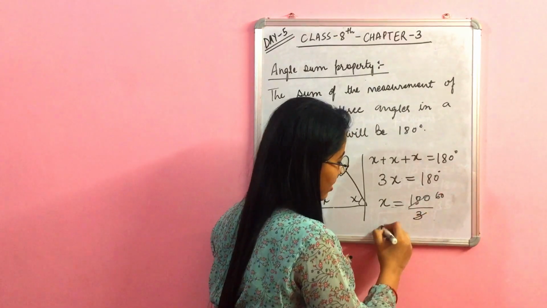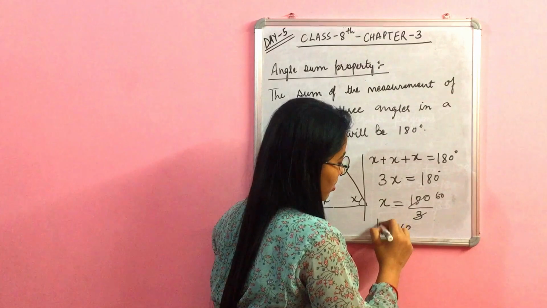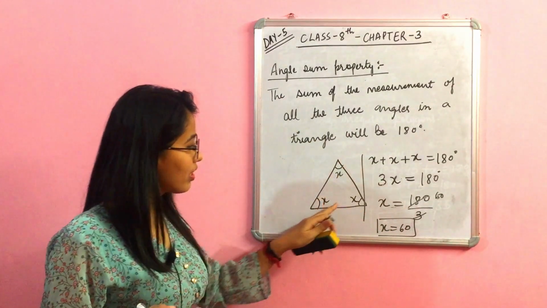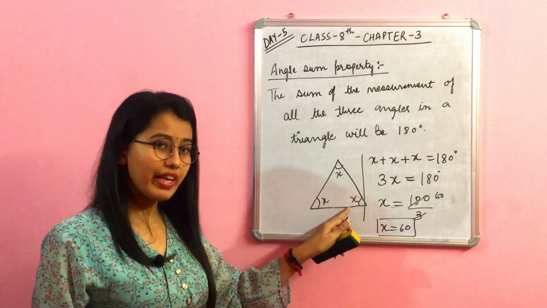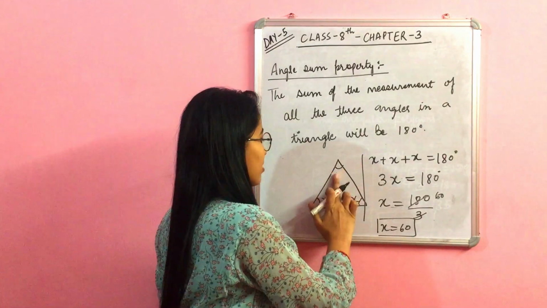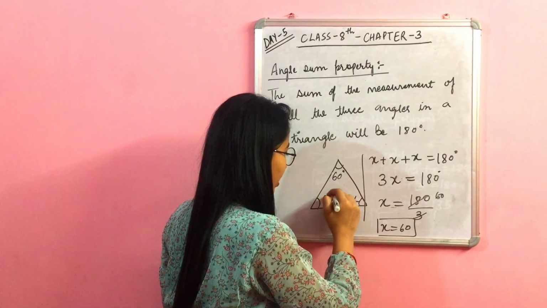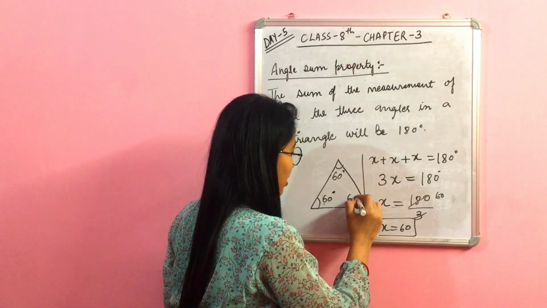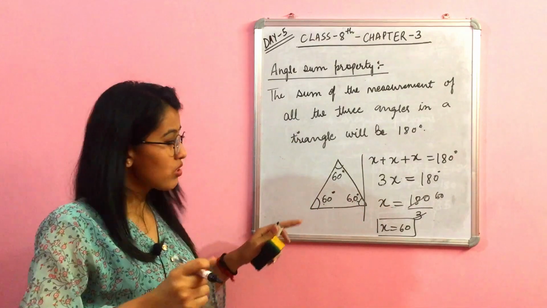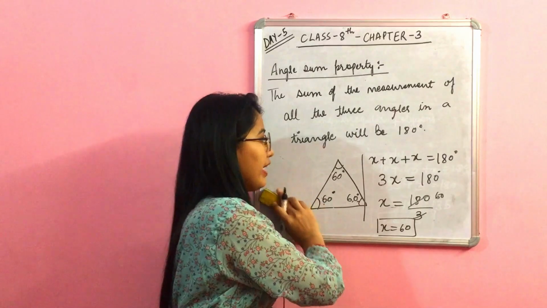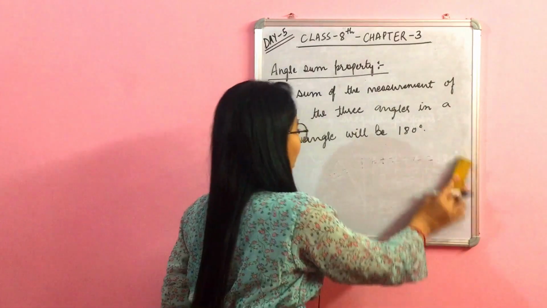If you divide this you will get 60. So now we know x is equal to 60, and all these three angles are x only. So instead of x we can write 60 degrees, this is also 60 degrees and this is also 60 degrees. This is how we can find the angles of any type of triangle.